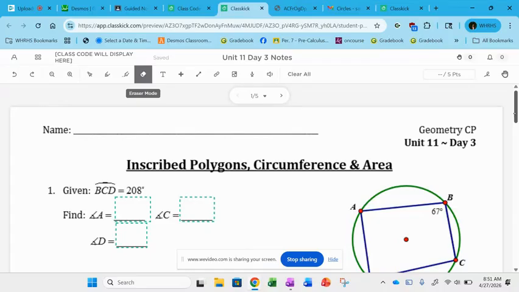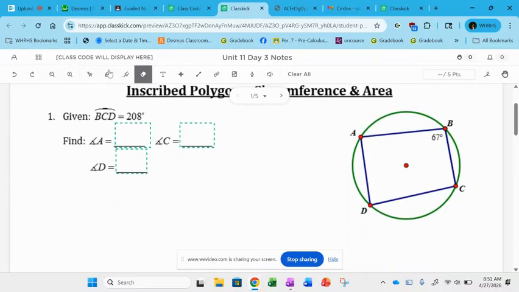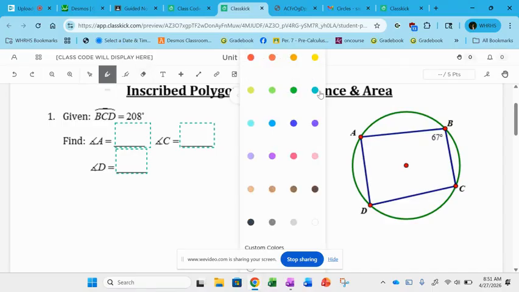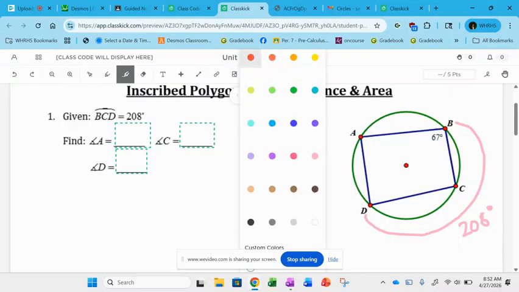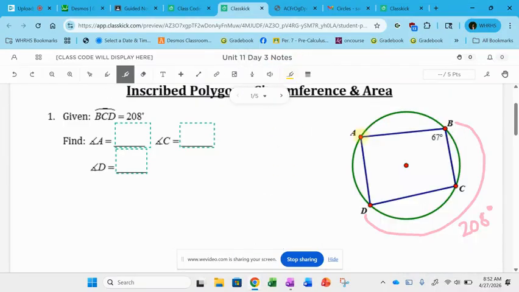So it says arc BCD is 208 degrees. Now remember, arc BCD is a major arc, so it's going from B to C to D. This is the arc that I just looped out in pink. The first thing we want to do is find angle A. Well, angle A, isn't this an inscribed angle?